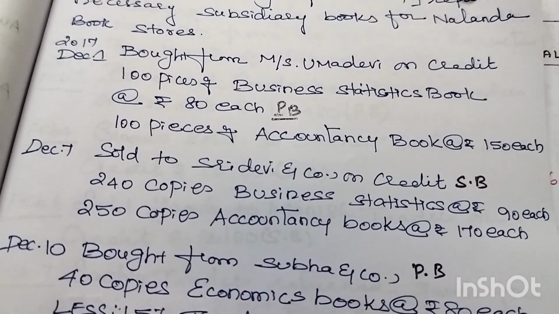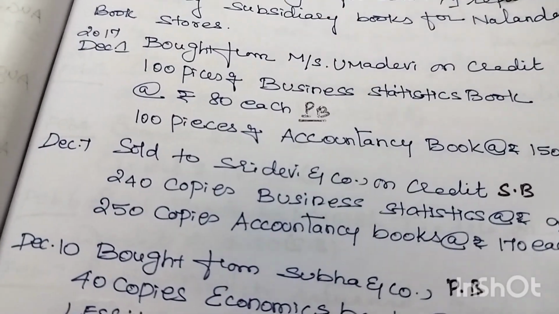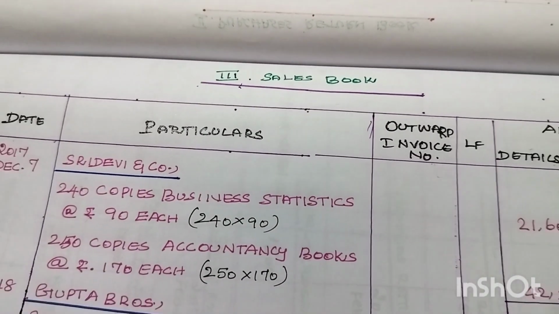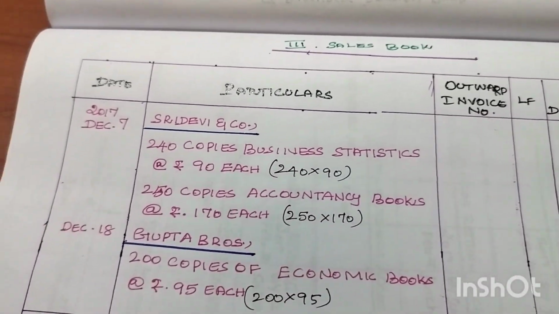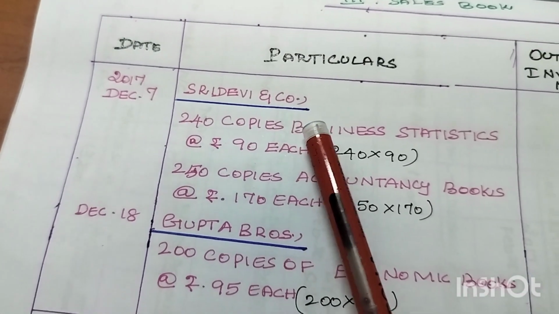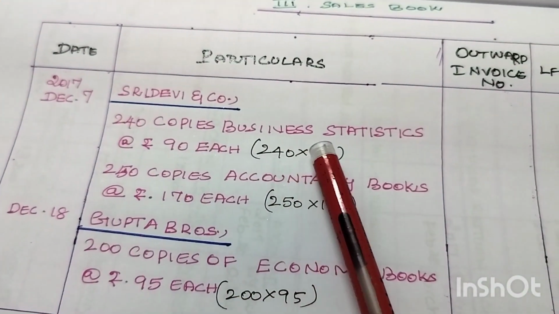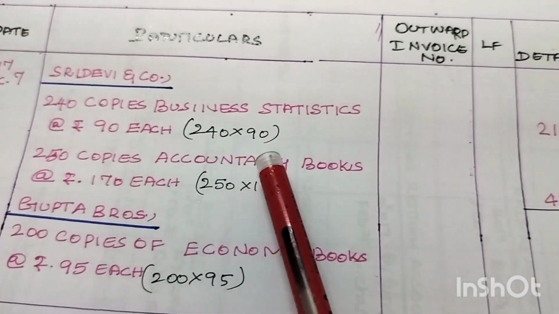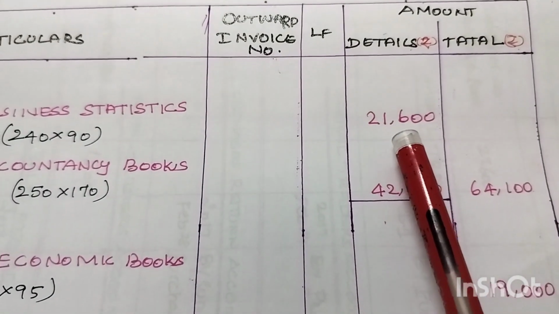We already identified and marked it here. So we take the sales book, already prepared the format of the sales book. So dated on 2017 December 7, Sridevi and Co, 240 copies of business statistics at rupees 90 each. So 240 into 90, you will get 21,600.